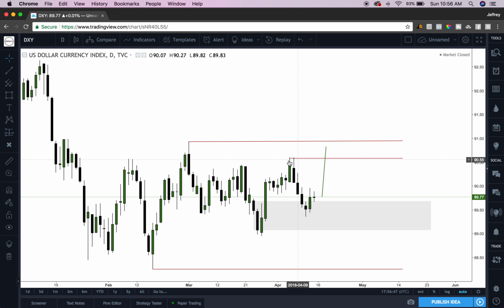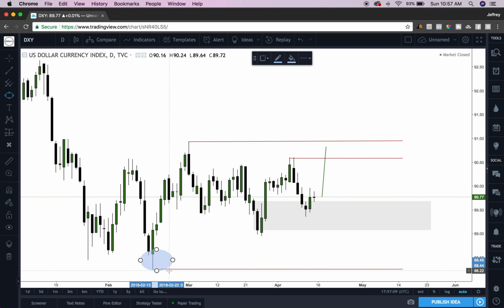And if we're going to go all the way up here, chances of us coming back up into this ICT bearish order block are a lot higher probability once we're up this high. It's very likely that they would want to come take it back down. And the reason for that would be, let's look at our overall trend.